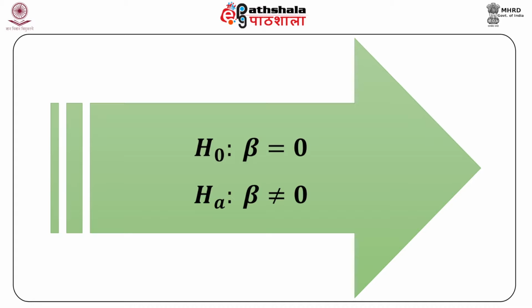The intention is to reject the null hypothesis, as only then a relation between earnings and schooling can be established. So if we reject the null hypothesis, we would conclude that there is an underlying relationship between earnings and schooling. Otherwise, it will be difficult to substantiate this kind of relationship.